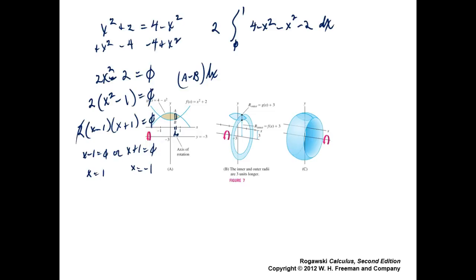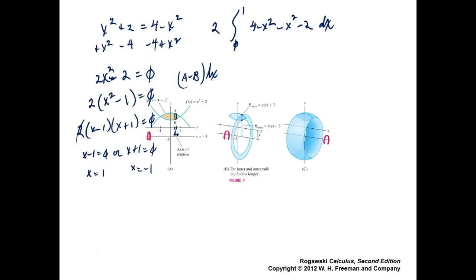This is all right for my area, okay? But the radius, the outer radius and the inner radius: the outer radius is the difference between a and 3, so that would be a minus 3, so it's the g of x plus 3, and the inner radius is f of x plus 3, okay?